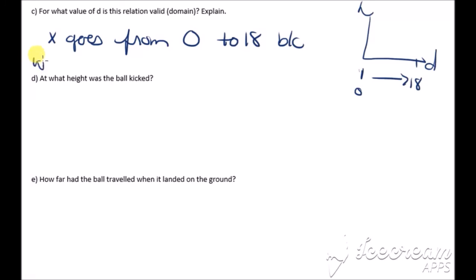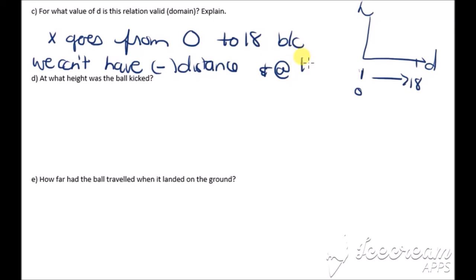So x goes from 0 to 18, because we can't have a negative distance, and at 18 it falls on the ground.